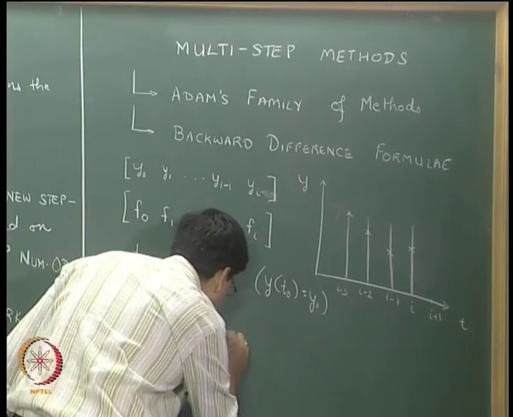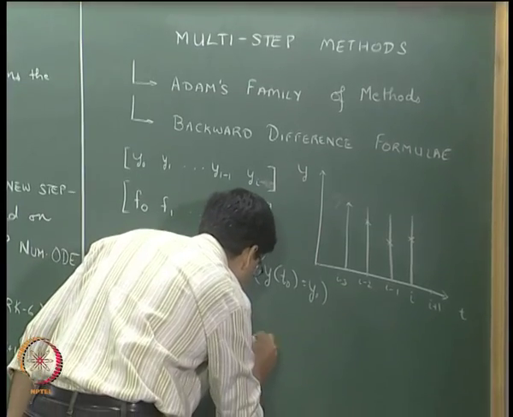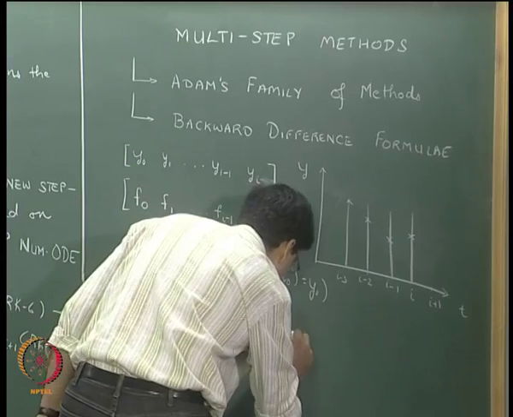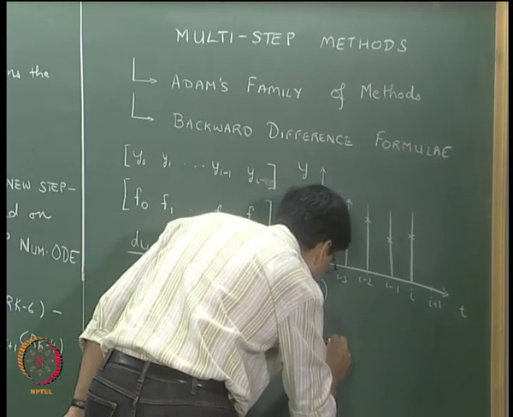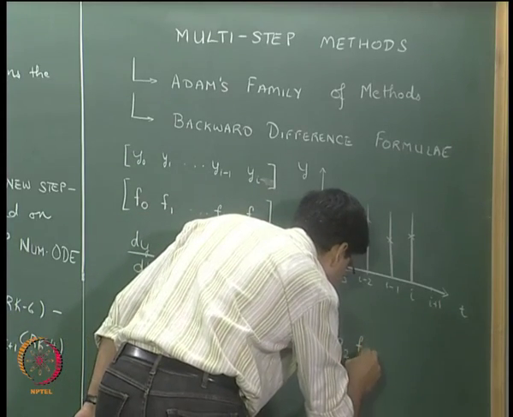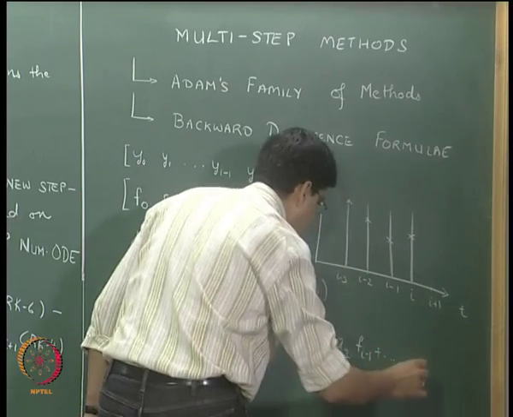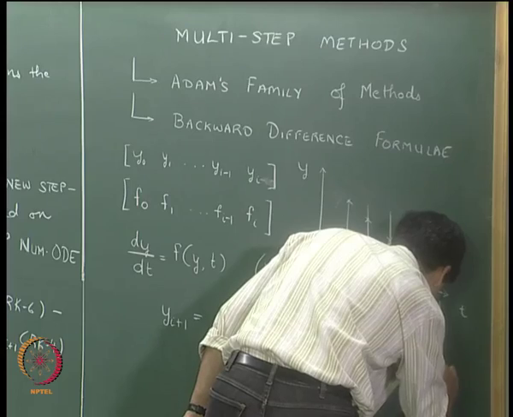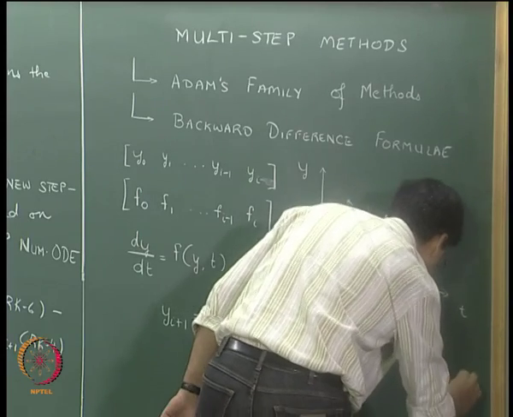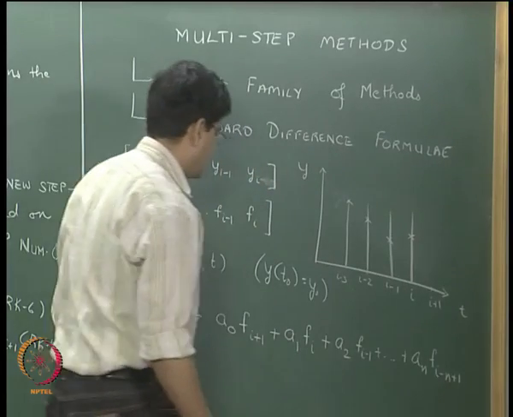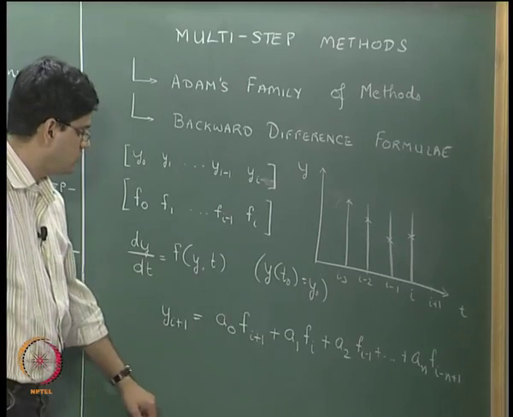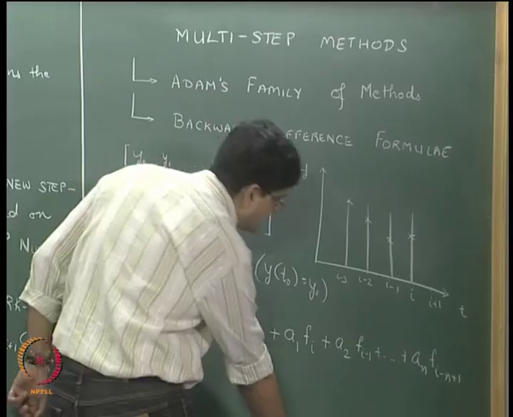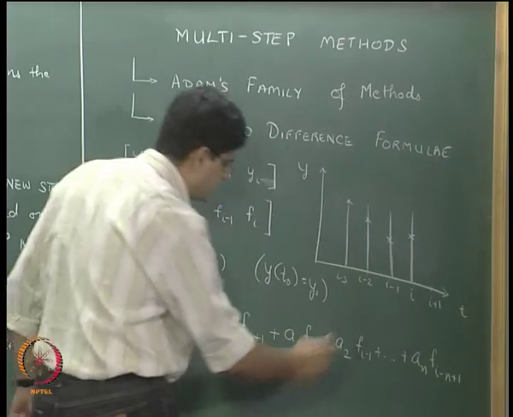So, we will write this as a0 f i plus 1 plus a1 f i plus a2 f i minus 1 plus so on up to an f i minus n plus 1.